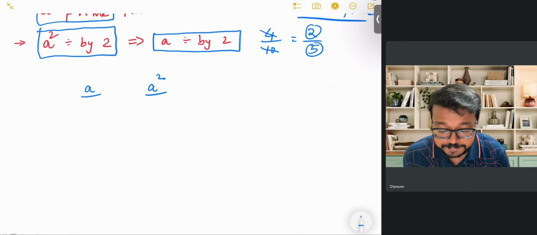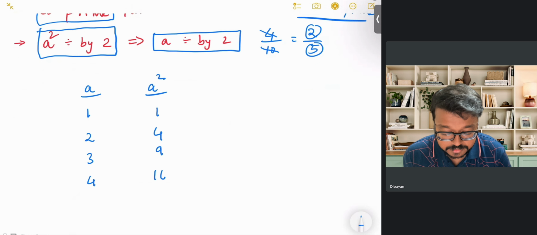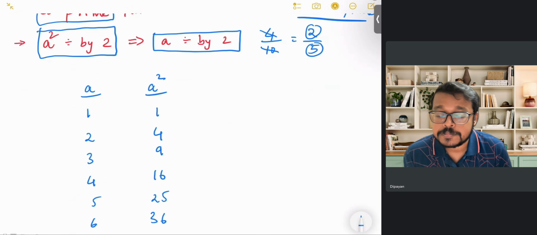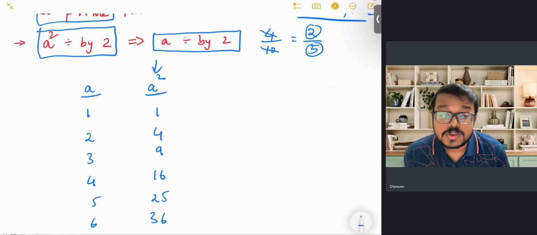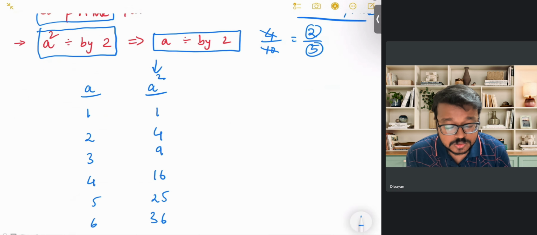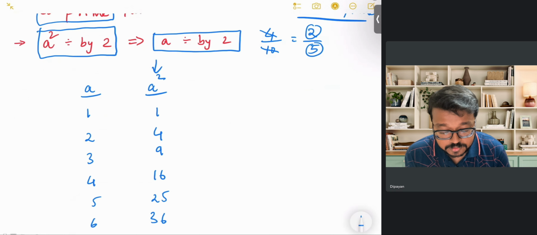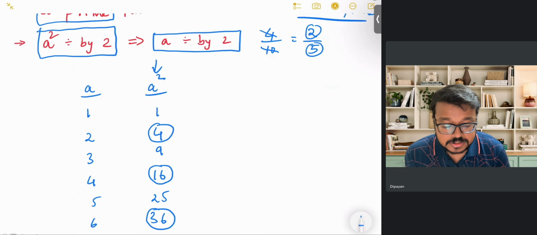For example, 1 and its square is also 1, 2 and its square is 4, 3 and its square is 9, 4 square is 16, 5 square is 25, 6 square is 36. Now out of the numbers of a square, which are the numbers which are divisible by 2? The even numbers 4, 16 and 36. These are divisible by 2.